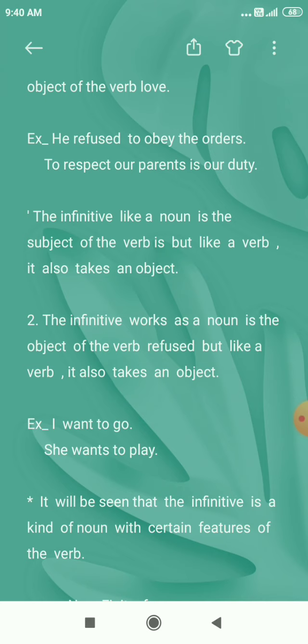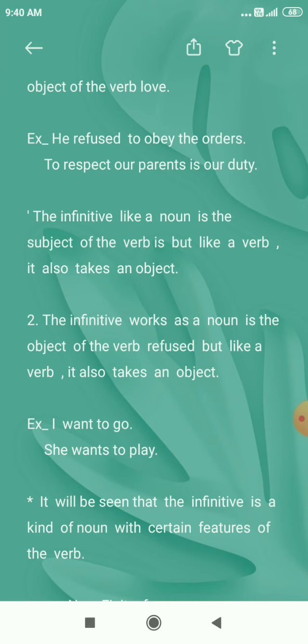I want to go. She wants to play. The forms to go and to play are infinitives. You can see the first sentence is in the simple present tense.